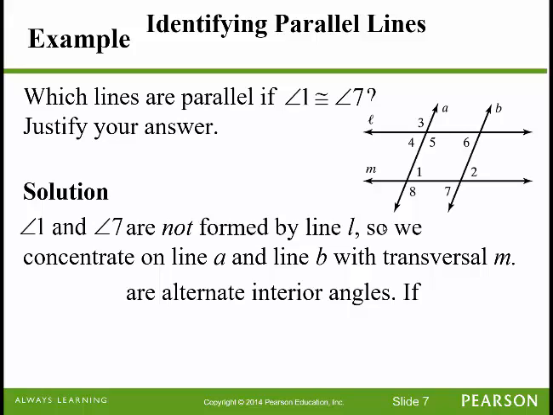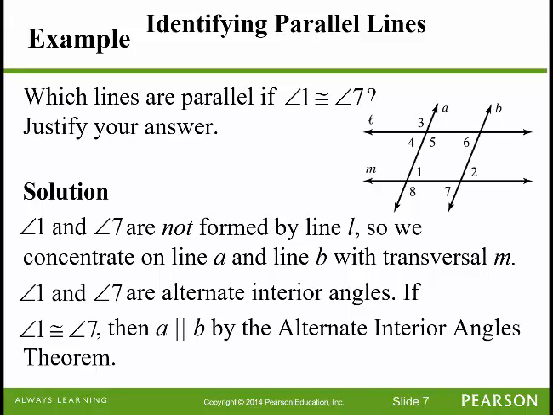All right, they're alternate interior angles. So if angle 1 is congruent to angle 7, then it has to be that line A and line B are parallel by that alternate interior angles theorem that I just introduced.